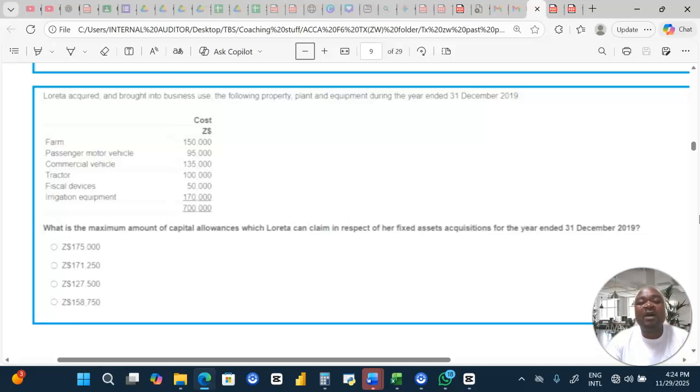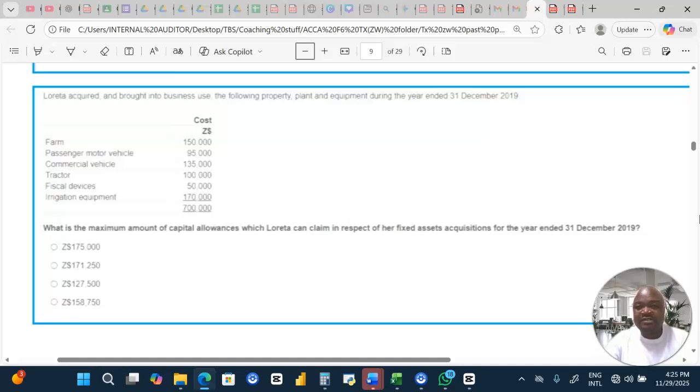What is the maximum amount of capital allowances which Loretta can claim in respect of her fixed assets acquisition for the year ended 31st December 2025? So, first of all, you need to tell yourself, these assets, do they qualify for capital allowance in the first place?